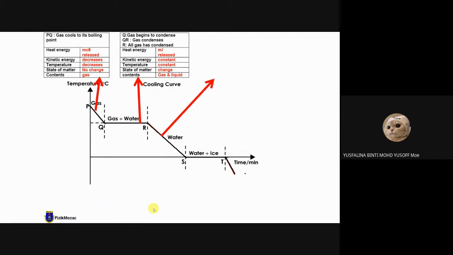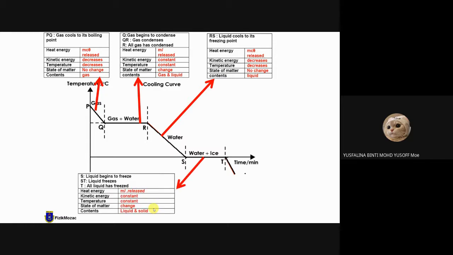And water again, there is a change of temperature. So this one is specific heat capacity, so MC theta, the kinetic energy decreases, temperature also decreases. But there is no state of matter change because this is not the specific latent heat. And this one is the specific latent heat of fusion, and it only changes the phase from water to ice.